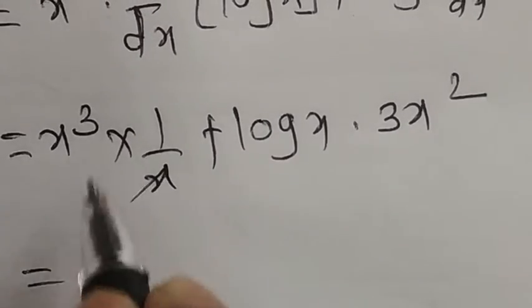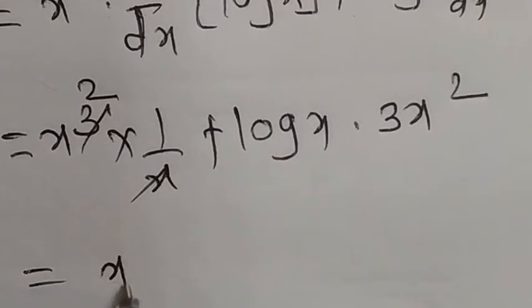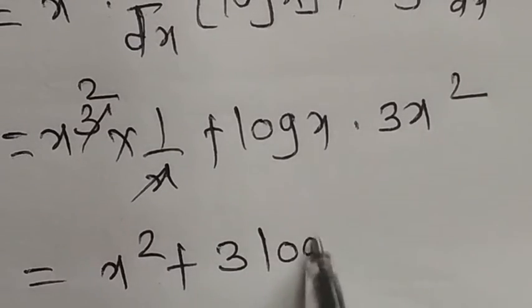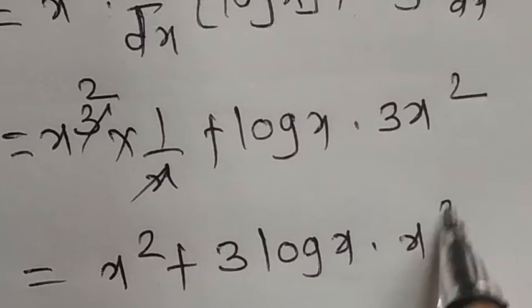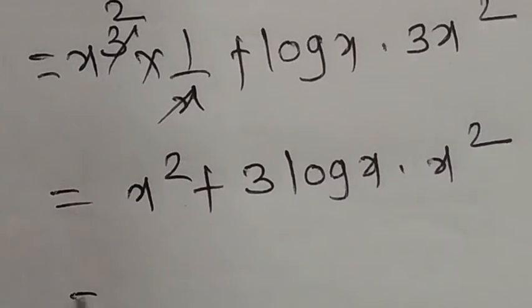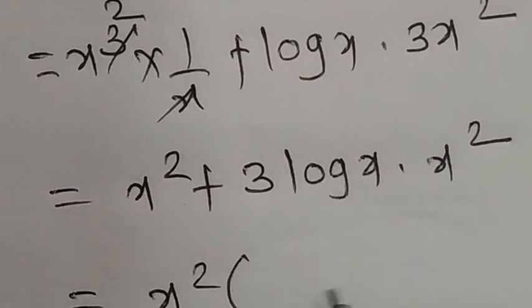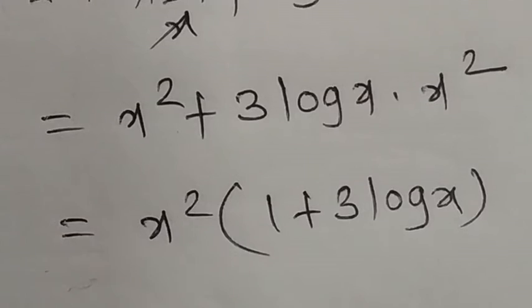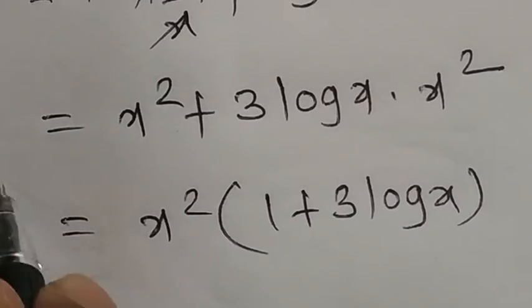Then this x will be cancelled, giving simply x square plus 3 log of x into x square. Or we can write x square common, what remains is 1 plus 3 log of x. Now this is your dy by dx.